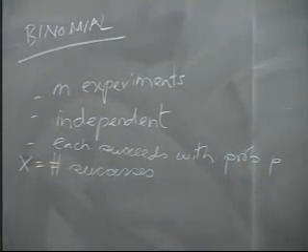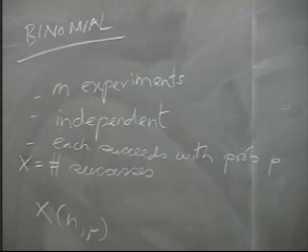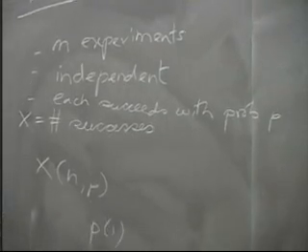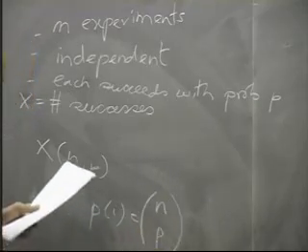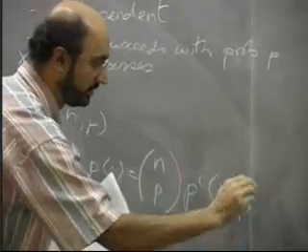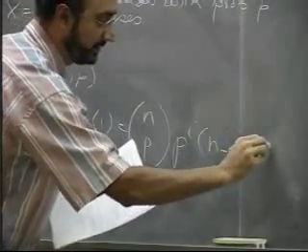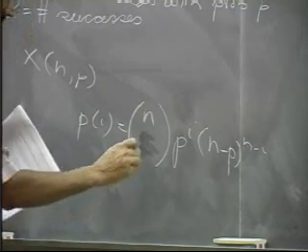So the two parameters are n, comma p, and it turns out we can represent the probability of i successes as n choose i, p to the i, (1 minus p) to the power n minus i. I'm sorry, I said i and I wrote p.